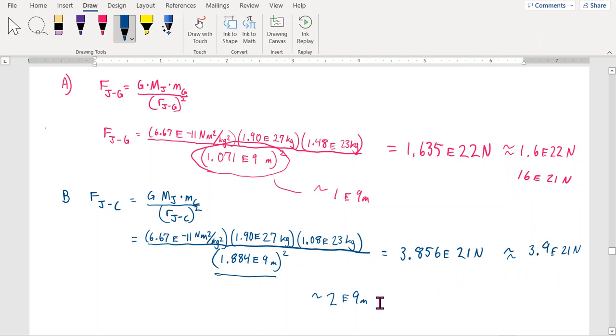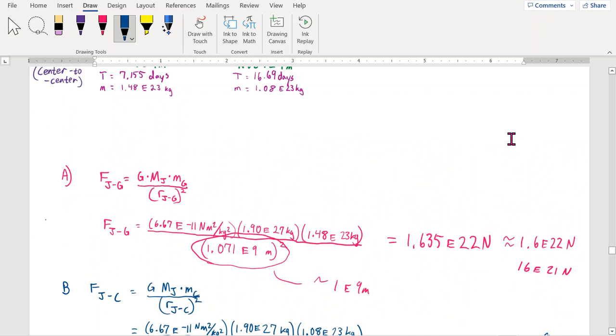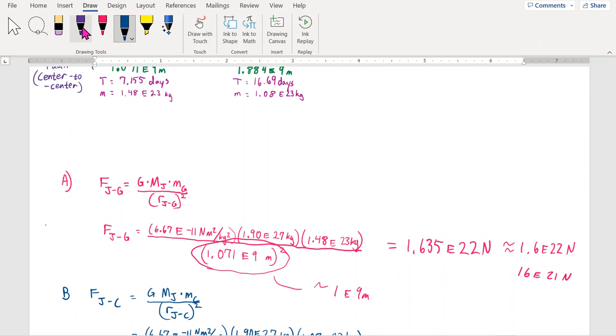So when we doubled the distance here, this is now a quarter of the force. And that is what we're seeing if we were to just go back and look at this equation here. This is just the generic force.